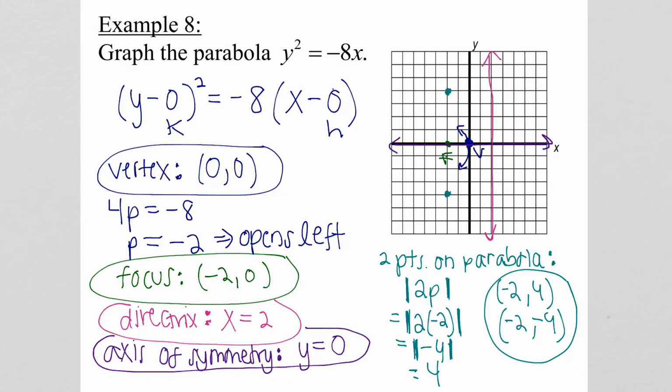To sketch out my curve, I want to make sure that it contains those 2 points. And that is how you graph the parabola. You include the vertex, the focus, the directrix, the axis of symmetry, and at least 2 points on the parabola.